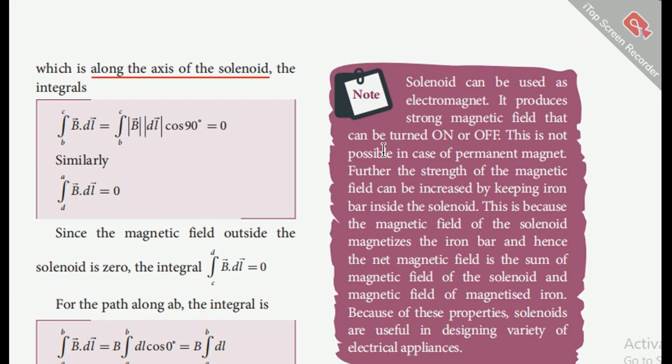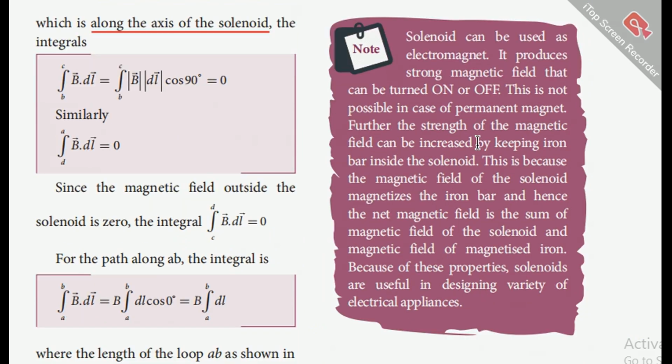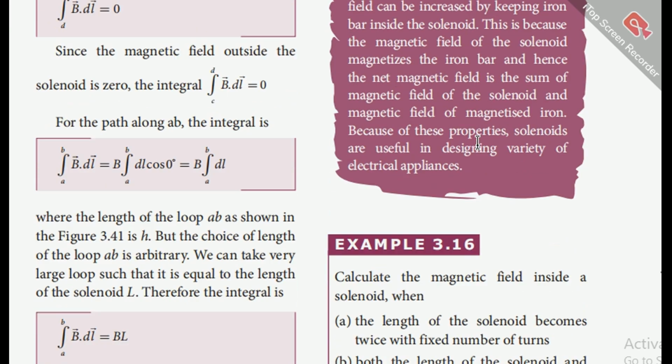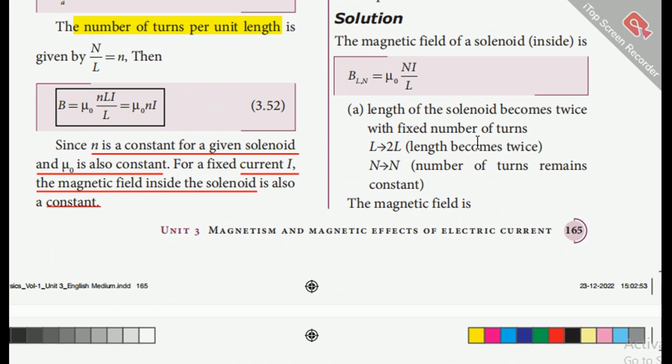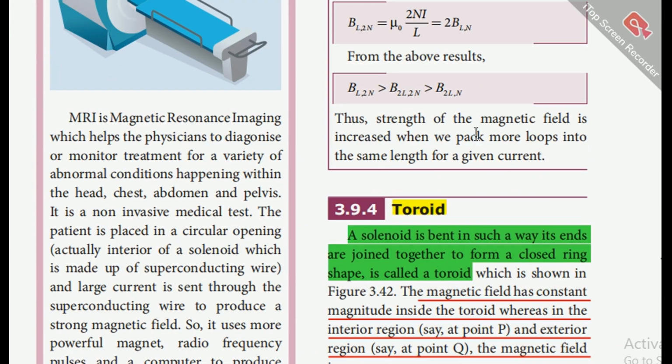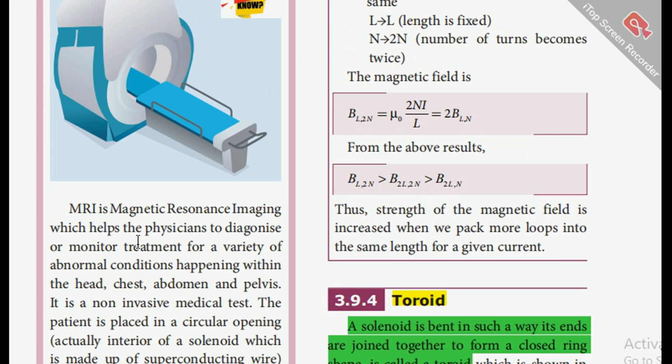Then this solenoid can be used as an electromagnet also, which produces a strong magnetic field. It can be turned on or off. Then magnetic resonance imaging techniques actually help physicians to diagnose or monitor treatment for a variety of abnormal conditions within the head, face, abdomen, and pelvis.